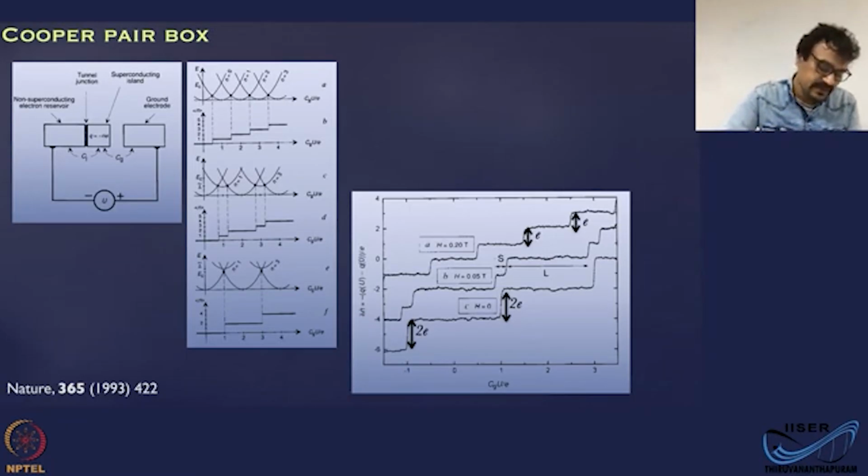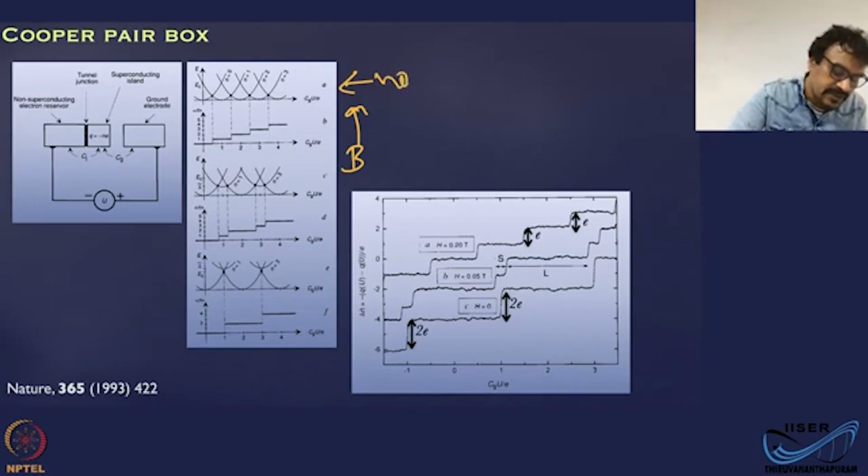When you apply the field, you are going from this direction, your field is going up. When you apply the field, this will be a normal state, and this is a superconducting state.